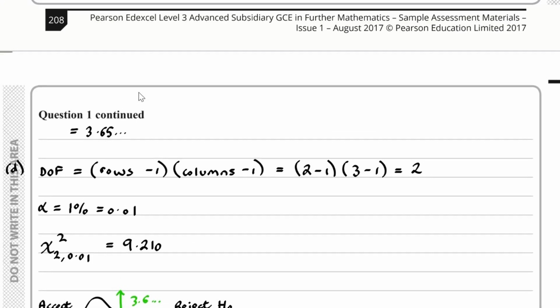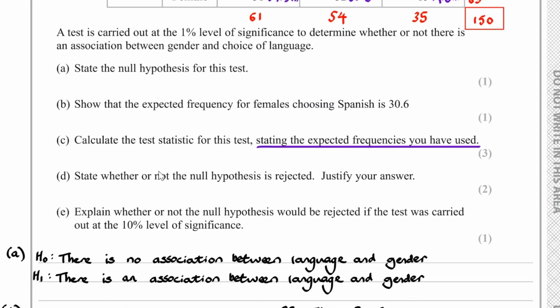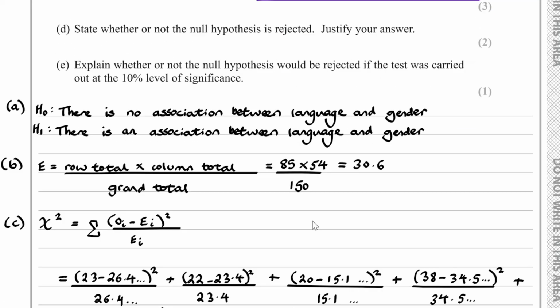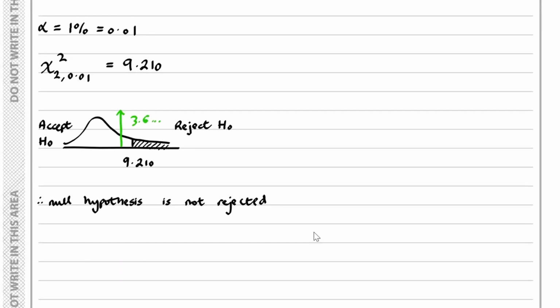Now for part E of the question, we have to explain whether or not the null hypothesis would be rejected if the test was carried out at the 10% level of significance. So this time, for part E, alpha is equal to 10%, which is 0.1.